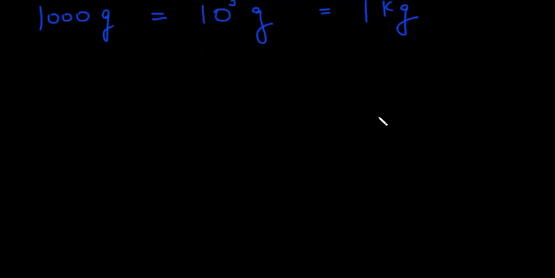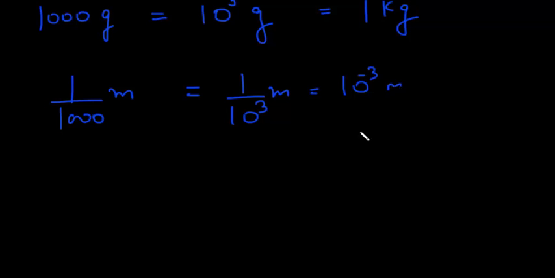Okay. Similarly, if some value is 1000th of a meter, we write it as 10 to the power minus 3 meter. We replace this 10 to the power minus 3 by milli, 1 millimeter.